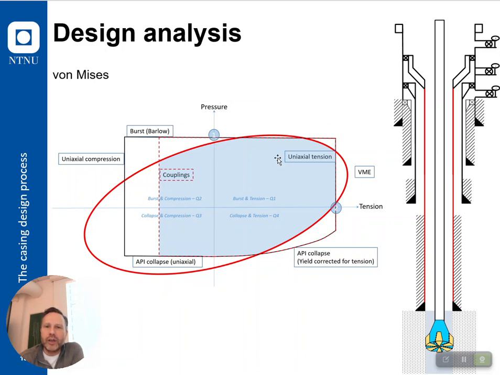Putting a line out here would be wrong mathematically, right? Because then it becomes triaxial, which Barlow never was tested for. So it's yet another reason why ISO and API say be careful with this formula. And it's conservative. That's what it is.